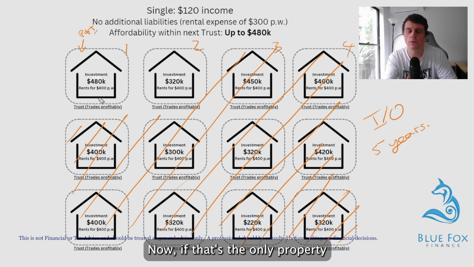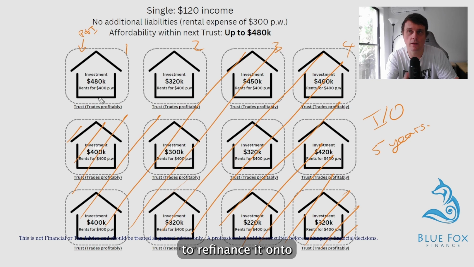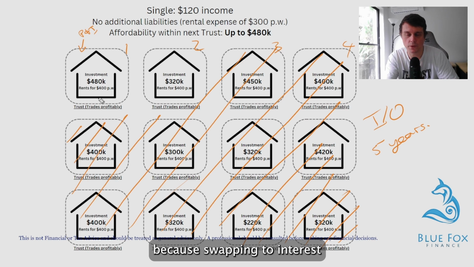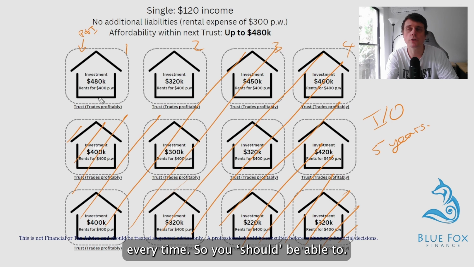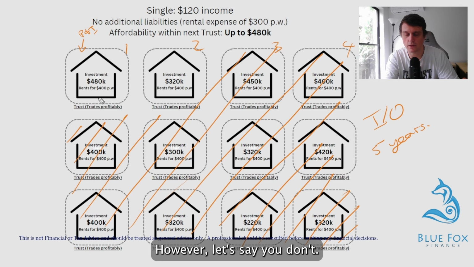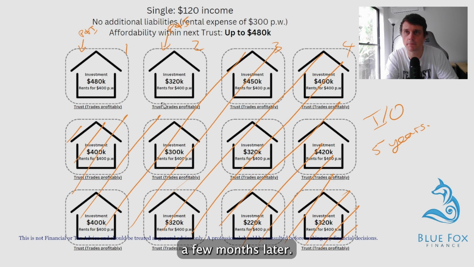Now, if that's the only property where that's happened, you should be able to refinance it onto interest only again, because swapping to interest only again is a full application every time. Should be able to. However, let's say you don't, whether you're out of work, you forget to do it, you don't want to do it, whatever it is, you don't do that. And then property 2 swaps over to principal and interest a few months later.